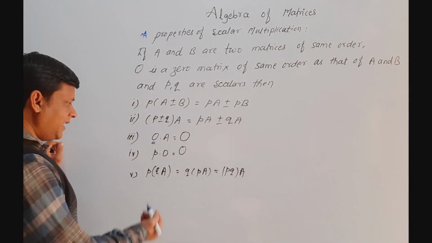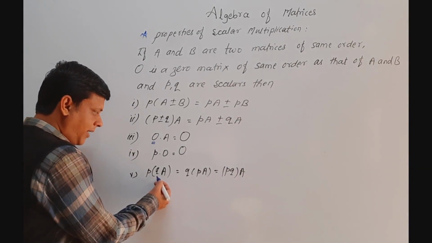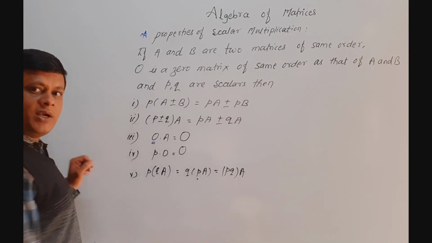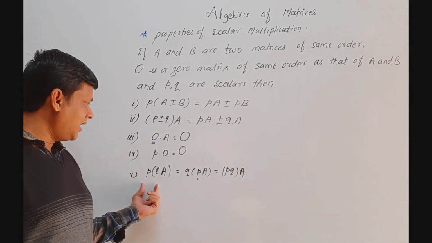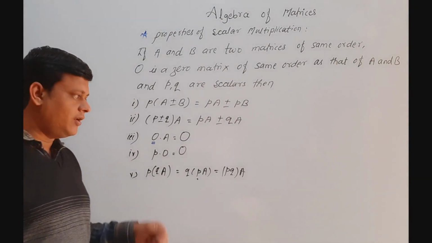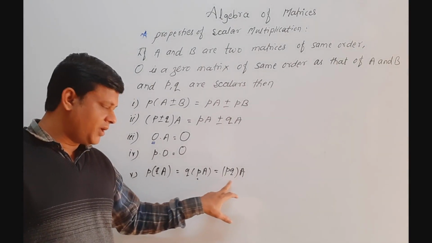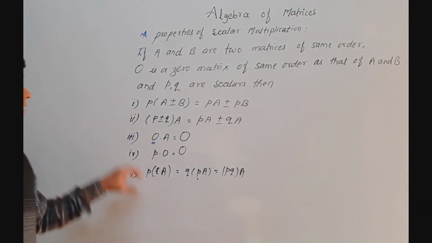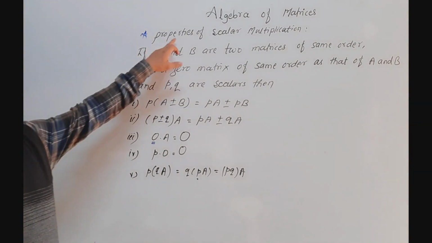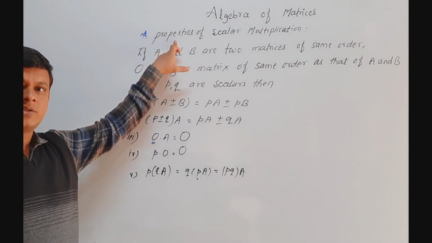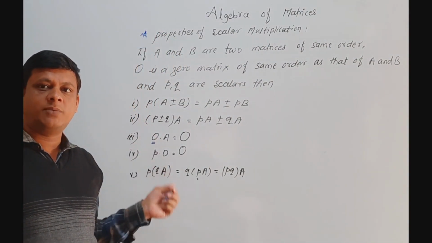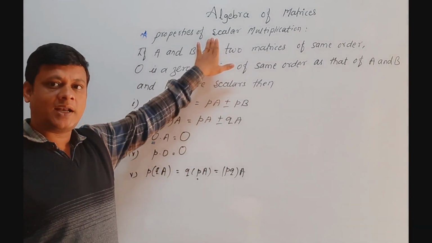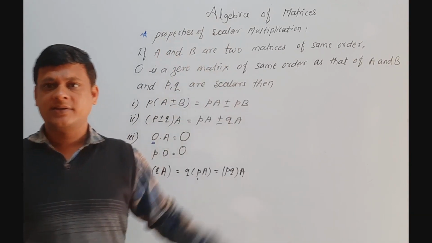You can multiply matrix A by q or by p first and then multiply by the remaining scalar, and you get the same value. So you can multiply pq first, then multiply with matrix A. So these are the properties of scalar multiplication. Don't confuse multiplication of two matrices with multiplication of a scalar to a matrix.